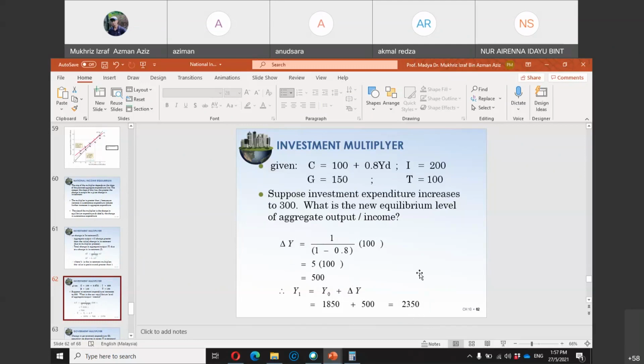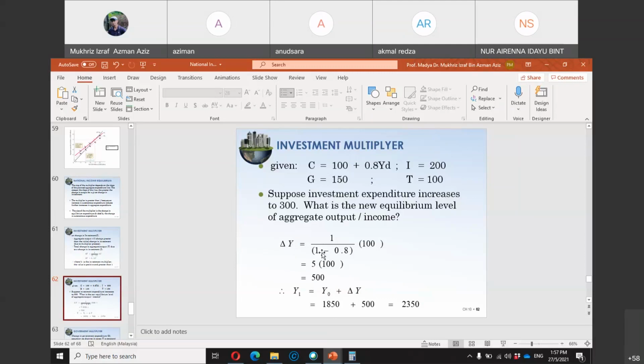This is a very important example of how to use the multiplier to determine the new value of GDP. First you need to know the original GDP, 1850, and you also need to know the change in GDP, 500. You add them both, and you get the new level of GDP.